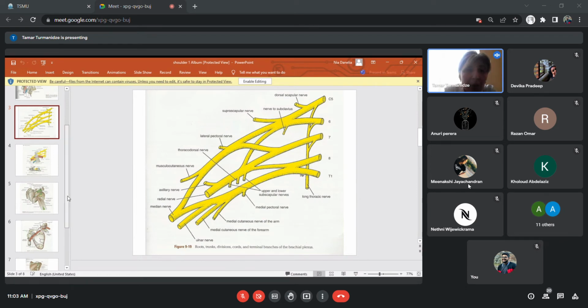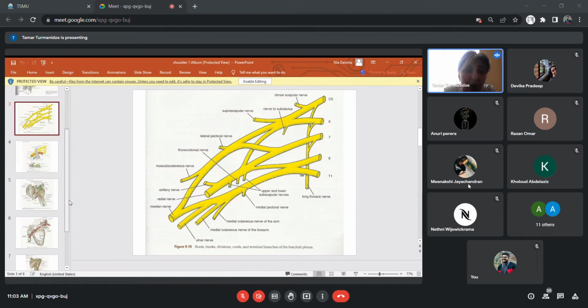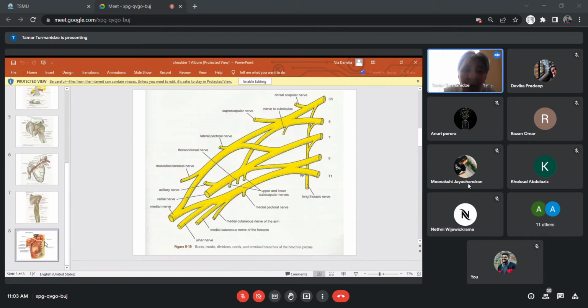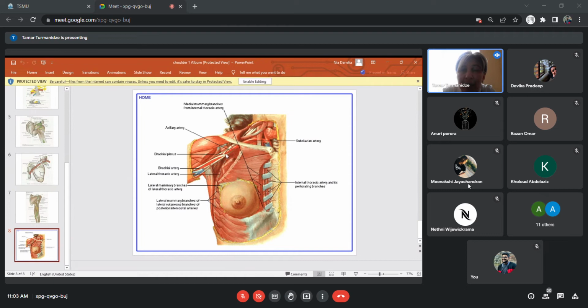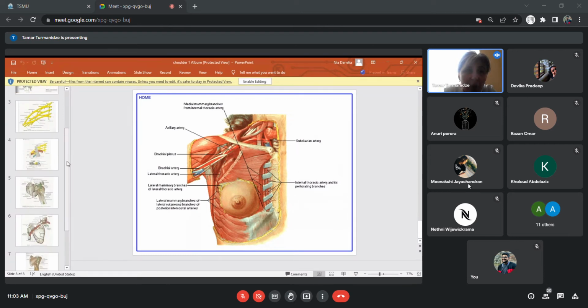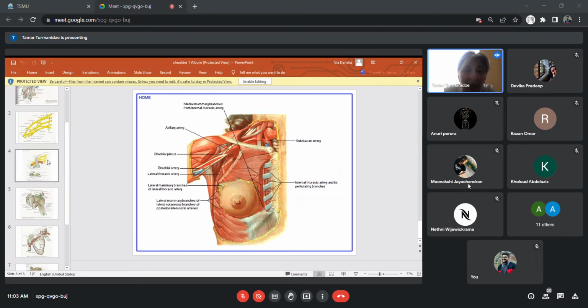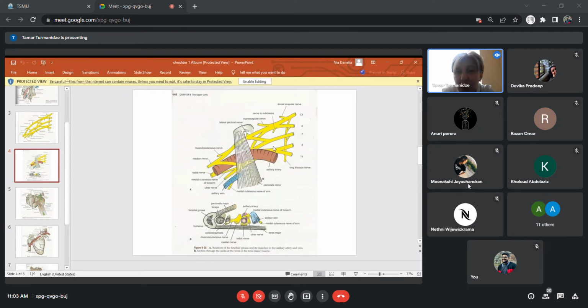So where are the cords of the brachial plexus located in the pectoral triangle? The medial cord touches the artery on the medial side. The lateral cord touches the artery on the lateral side. The posterior cord touches the artery on the posterior side.